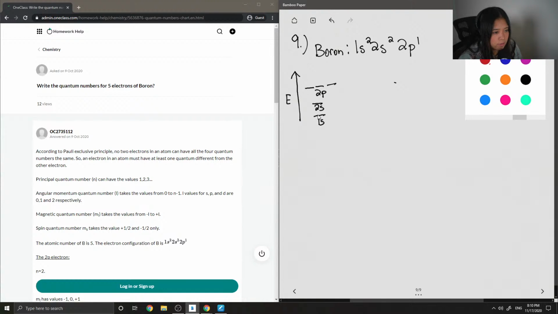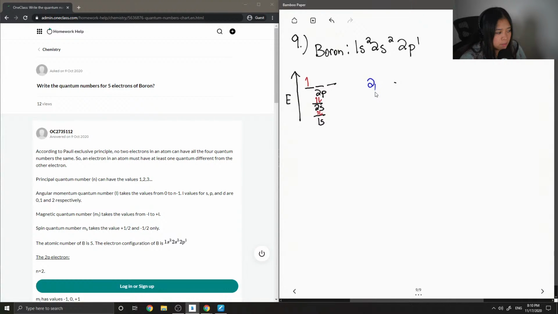Okay, and I'll draw it in using red. So 1, 2, 3, 4, 5. Okay, so first let's look at the electron in the 2p orbital. So for the 2p electron, the N value is equal to 2.